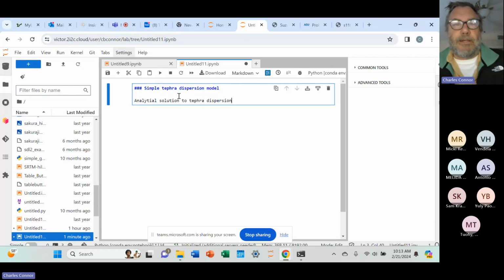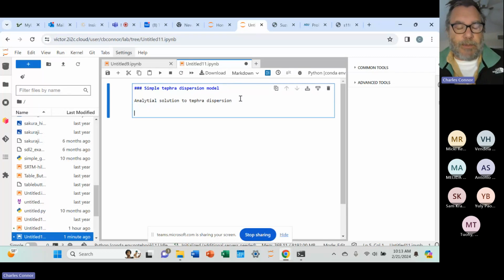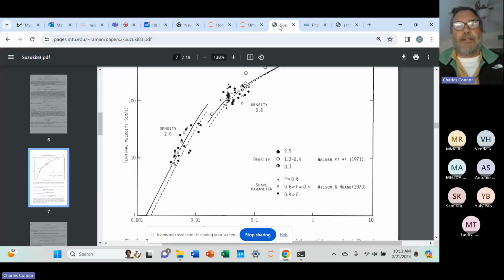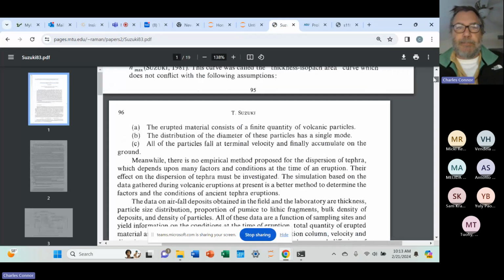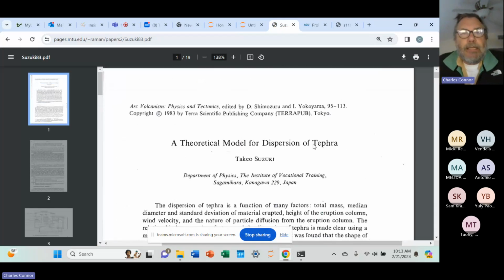Okay, so let me give you a little bit of historical background. There's sort of three papers I want to go through about this. One is by this guy Suzuki in 1983, and I'm sort of halfway through the paper at this point. This is a paper that was published in a pretty influential book about 40 years ago called Arc Volcanism.